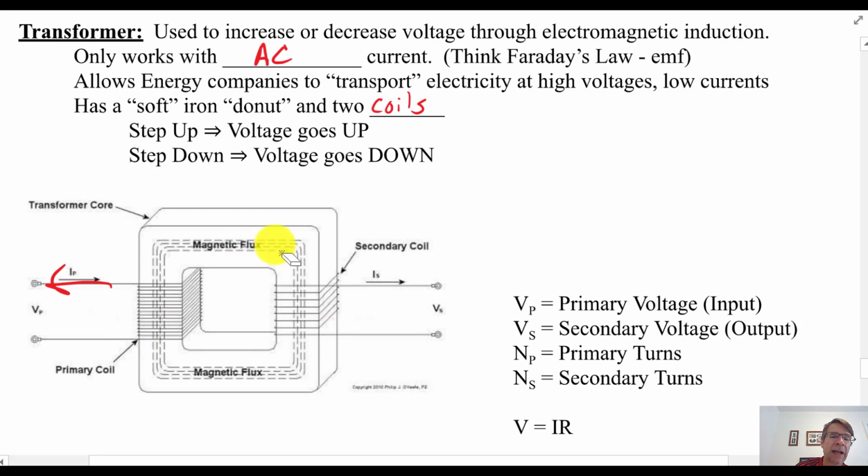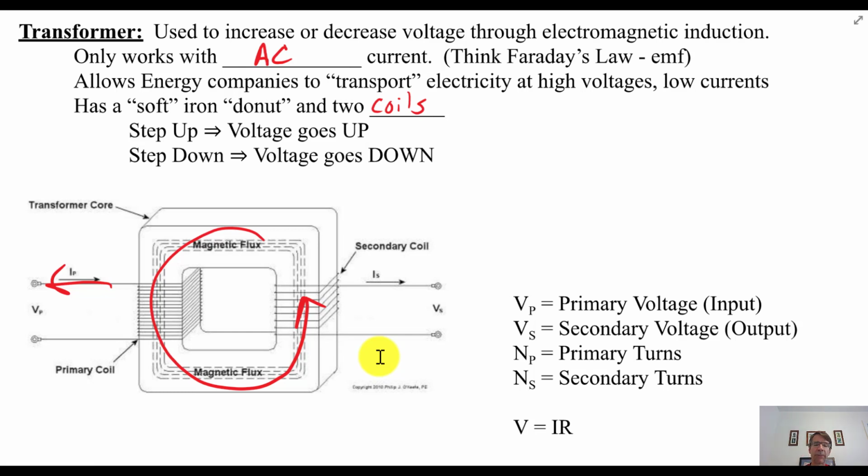It's like stopping this and then having the magnetic field go this way. I guess I'm using red now instead of blue. So it's like taking the magnet going down, which was blue, and now making it go up. So it's like putting a magnet in and out of the second coil. You're changing the magnetic flux, the magnetic field through the center of that coil, and that creates an alternating current on the output side. So it's a very simple, efficient device for transforming voltage.